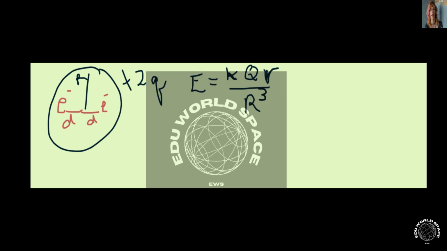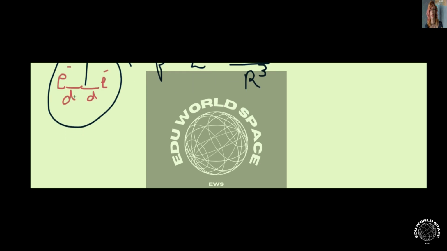And this is the total radius of the atom. In order to solve for this distance in terms of the properties of the atom, we make use of Newton's second law, which says that the sum of forces must equal 0.